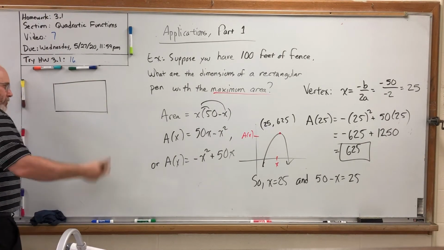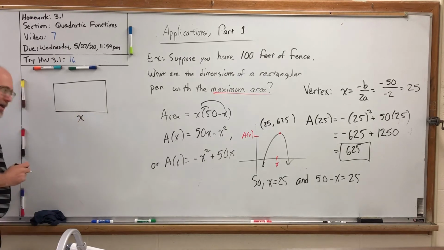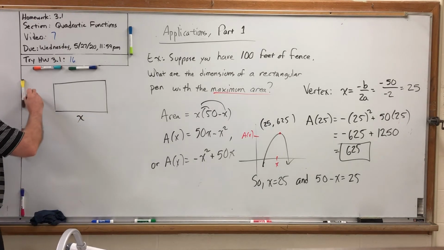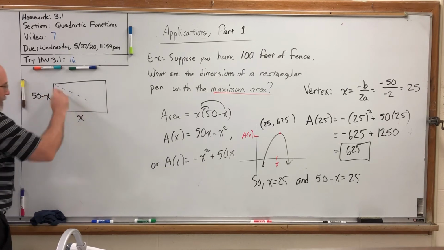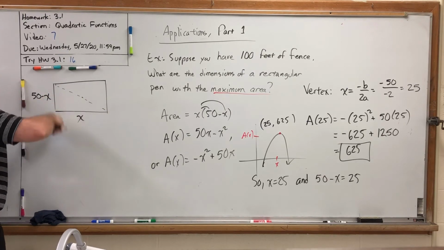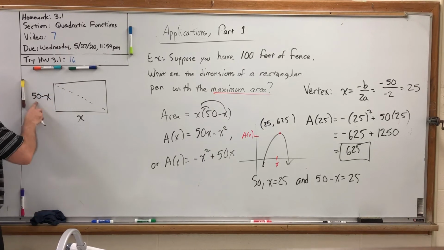Since we didn't know either of the dimensions, we generically called one of them x, and the other one ended up being 50 minus x, which in retrospect actually makes sense, because if there's 100 feet all the way around, and the bottom, and this part is half of it, and that part's half of it. So this is 50 feet, so 50 minus this gives us the other one.